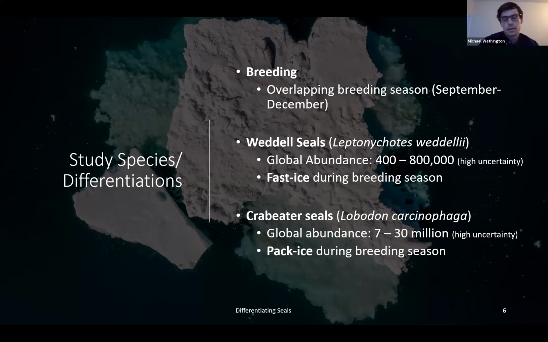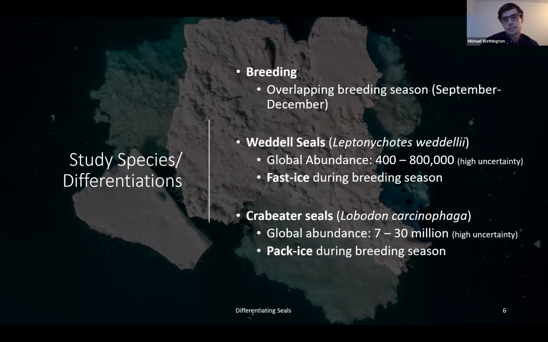Weddell seals have an overall estimate of lower abundance, but the key feature about these individuals is that they're fast ice obligates. And so they use fast ice during the breeding season, fast ice being basically sea ice that is land fasted, up against the continent, where it's not free floating.